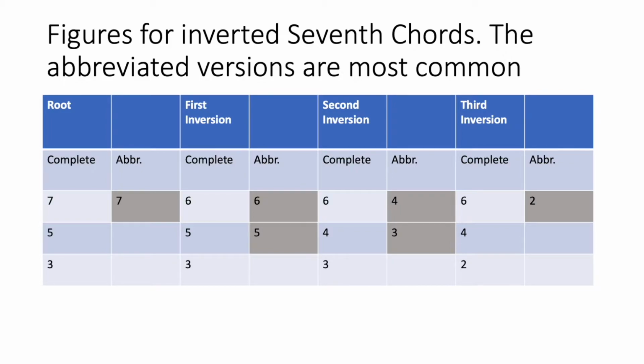And then finally, the figure for a third inversion seventh chord is a 2, or sometimes a 4-2, and that stands for 6-4-2. You can memorize the figures for seventh chords if you think about numbers counting from 7 down to 2. 7, 6, 5, 4, 3, 2.